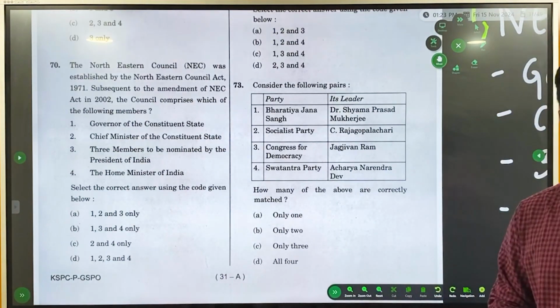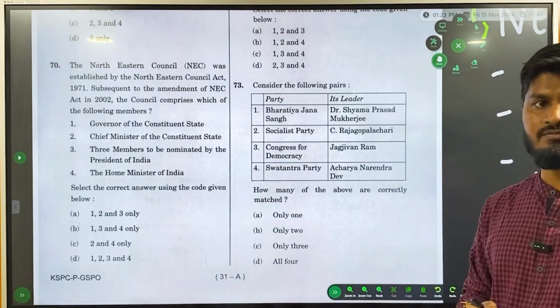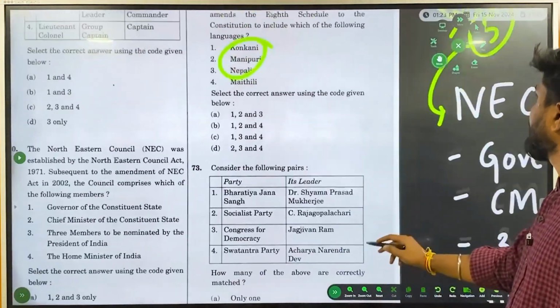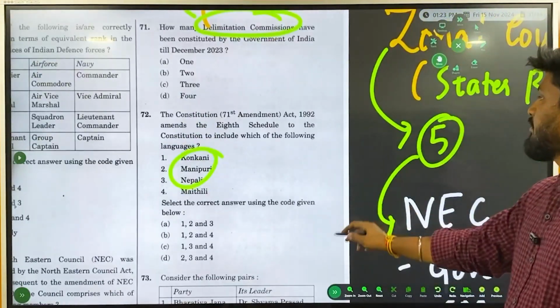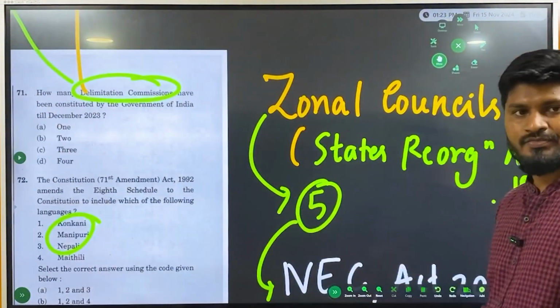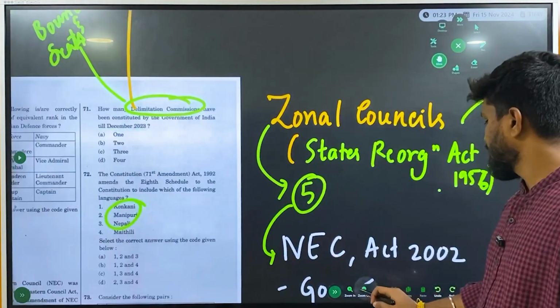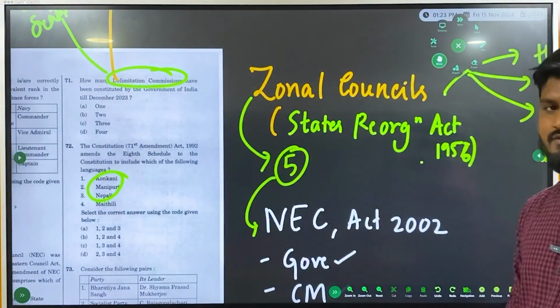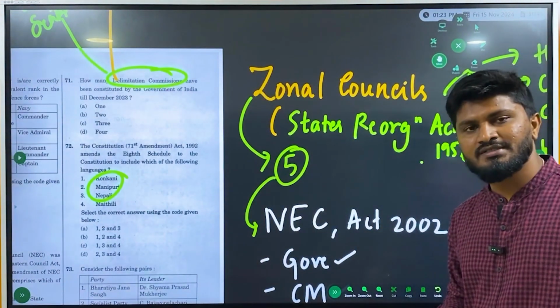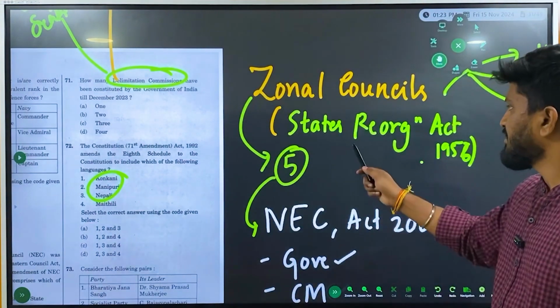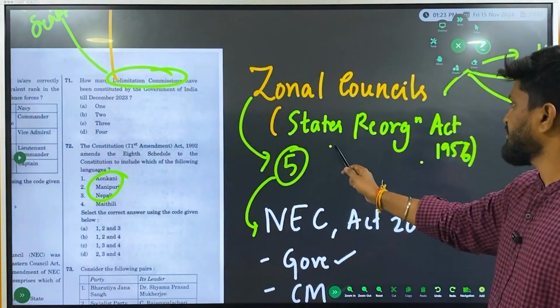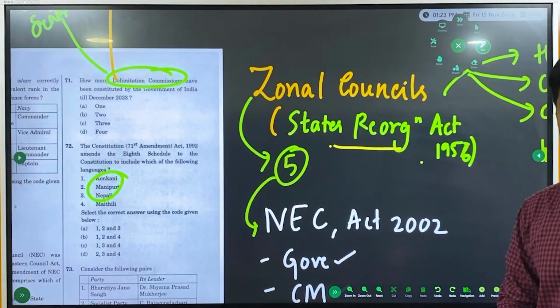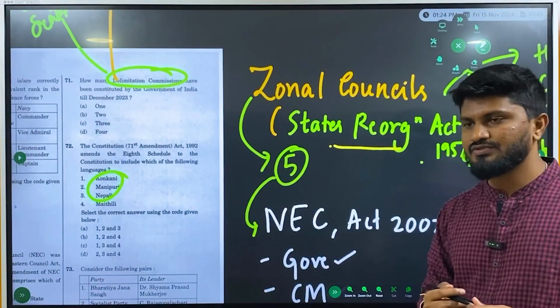First and foremost, you have to understand what the Northeastern Council is. You know about zonal councils, right? What are zonal councils? Zonal councils are statutory bodies. Why are they called statutory bodies? Because they are established under the States Reorganization Act of 1956. In total there are 5 zonal councils.